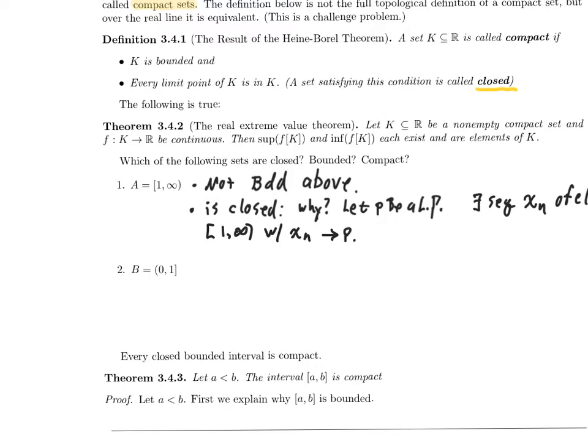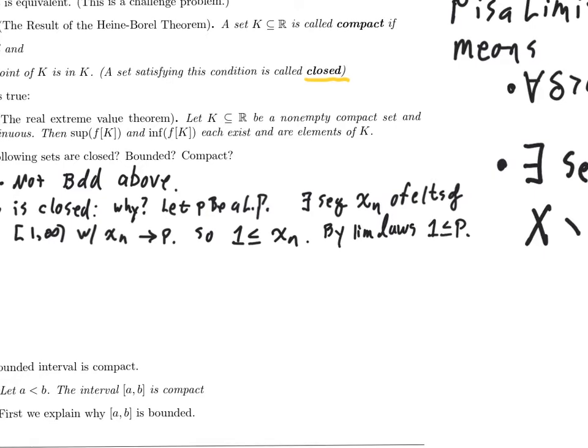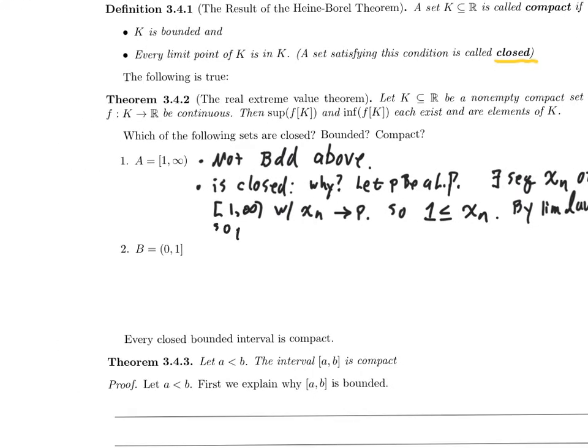Well, the fact that xn is in the interval from 1 to infinity means 1 is less than or equal to xn. So by limit laws, 1 is less than or equal to the limit of xn, namely p. So p is in the interval from 1 to infinity. So I started by considering any limit point and concluded that limit point was in the original set. So that means that the interval from 1 to infinity is closed.